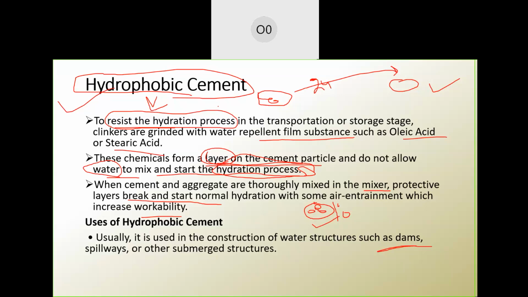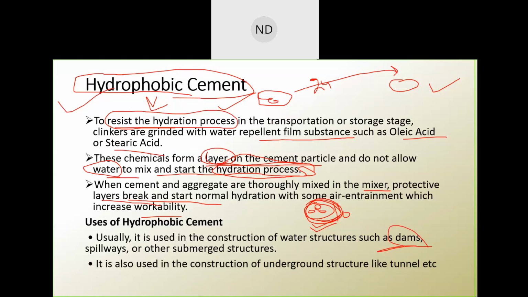If you use hydrophobic cement, then the next day when you continue the construction and mix these concrete materials, cement, water, and aggregates, again the protective layer will break and it will work. You will have better workability, so you can continue with the construction of the dam.